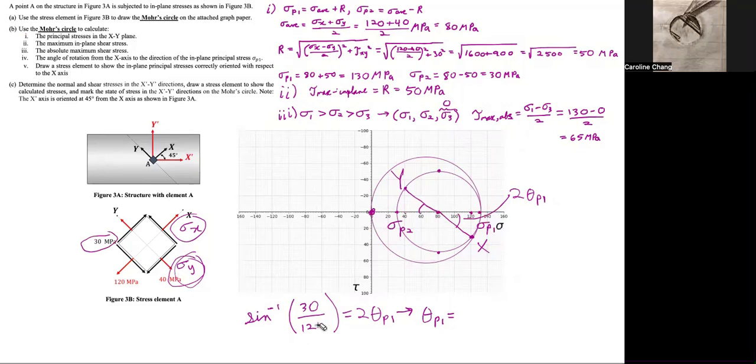Sine is actually opposite over hypotenuse. So as I mentioned earlier, we should have used our R value, which is equal to 50 megapascals. So in the denominator will be 50. So inverse sine of 30 over 50 is equal to some value, and then we will divide that by 2 to get that theta principal stress of 1 is equal to 18.4 degrees. And remember to change your calculator to degrees if it's in radians naturally.